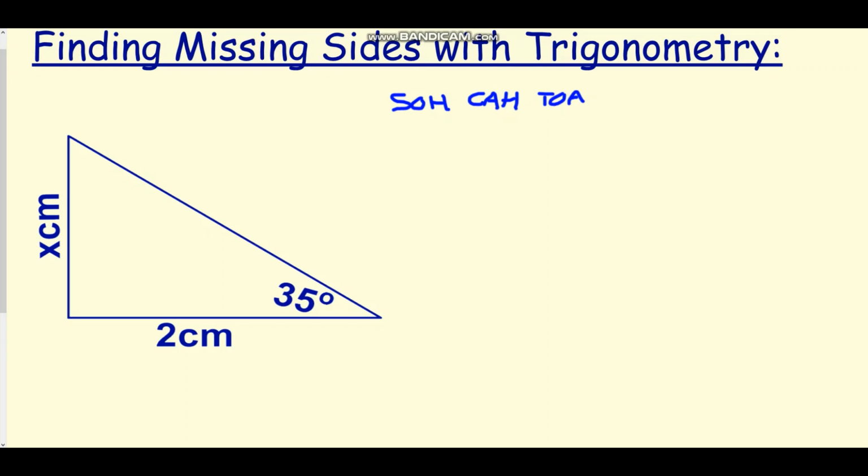We're then going to identify our side lengths. So we've got the opposite side here, and we've got the one right next to our 35 degrees as well. That's the adjacent side. Our right angle, which is here, and our hypotenuse, which is across, is completely blank. So we're not going to be using that.